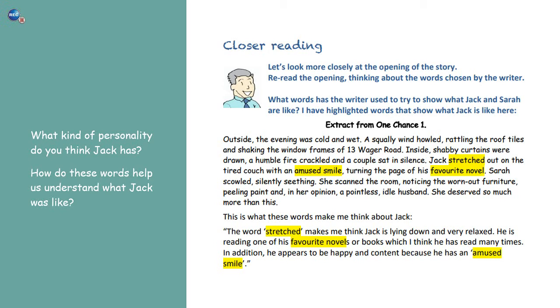It's telling us that he reads, and the fact he has a favourite novel means he maybe has read it more than once. And he appears to be happy and content because he has an amused smile. It's not saying a false smile, he's actually genuinely amused and he's feeling happy in this moment. So that's how these words have helped us create a picture of Jack.